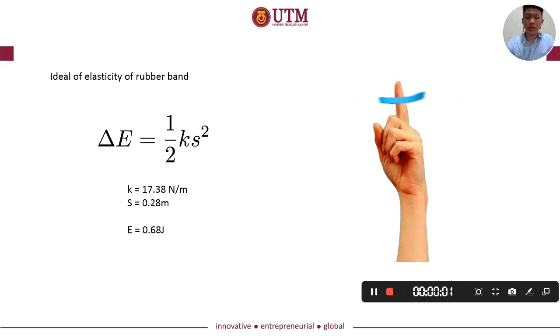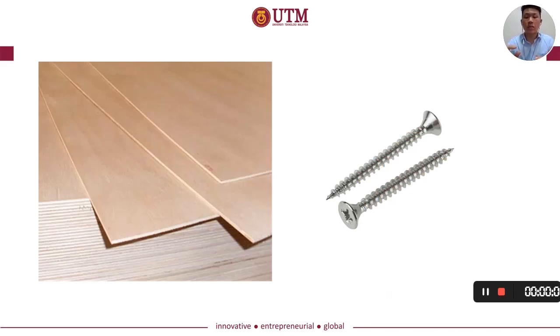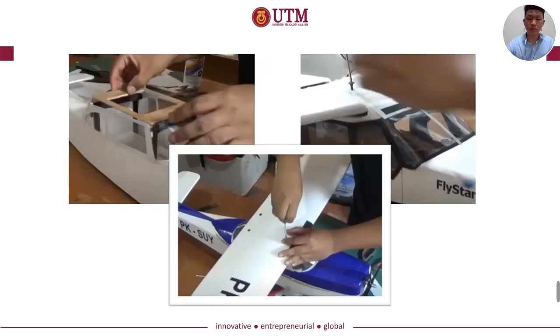Okay, next is the screw. The screw method needs a piece of plywood, and normally two, three or four screws are needed. The method is also simple. First, we put the piece of plywood on the fuselage, then we put the wing above that, then we screw it, and that's all.